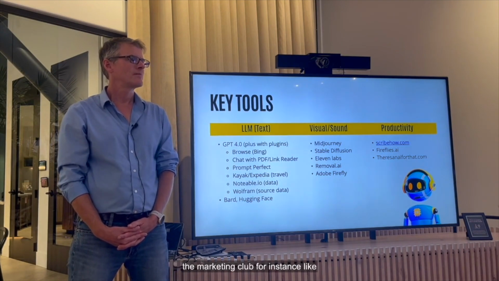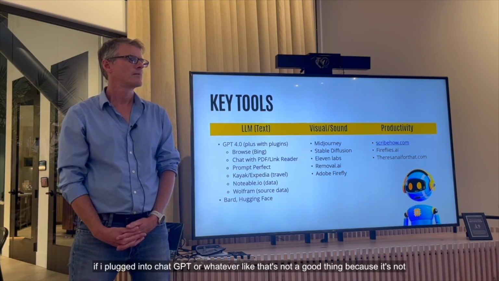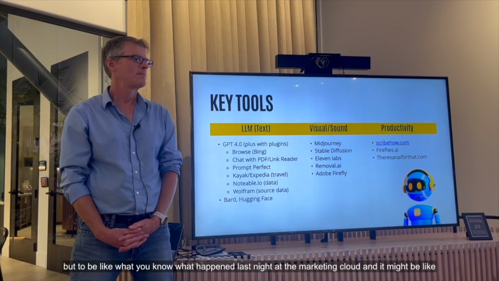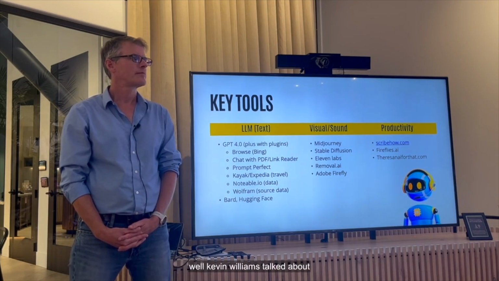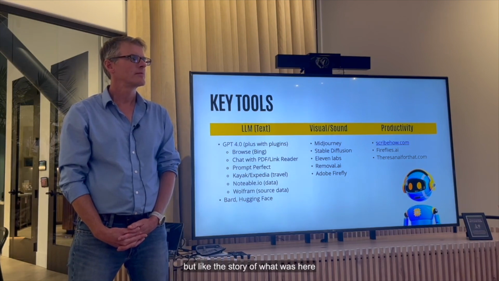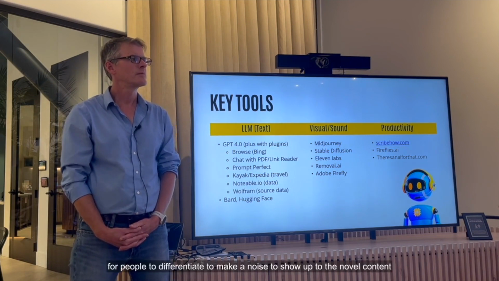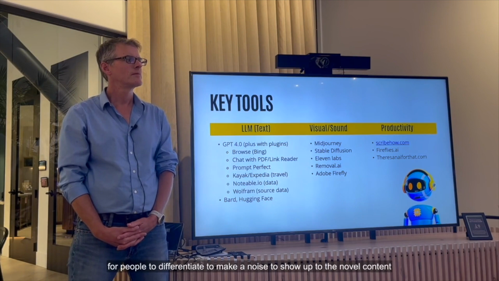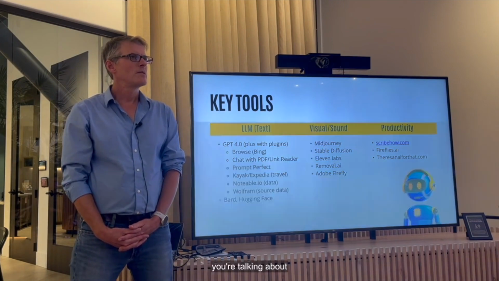If I plugged the marketing club into ChatGPT, that's not a good thing because it's not that current. If I asked what happened last night at the marketing club, it might say, well, Kevin Williams talked about AI for leadership and blah, blah, blah. But the story of what was here is completely missing, and that's the superpower for people to differentiate, to make a noise, to show up, the novel content you were talking about.